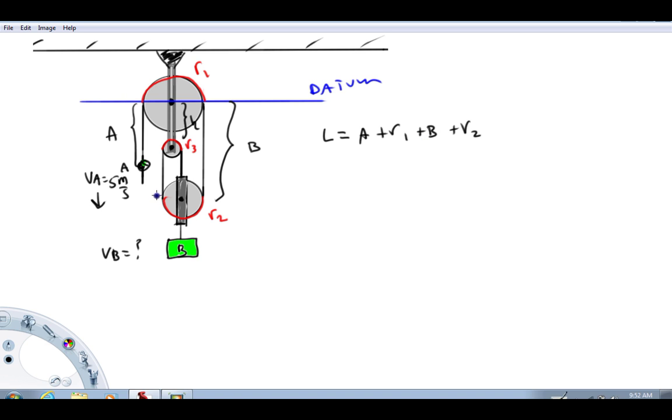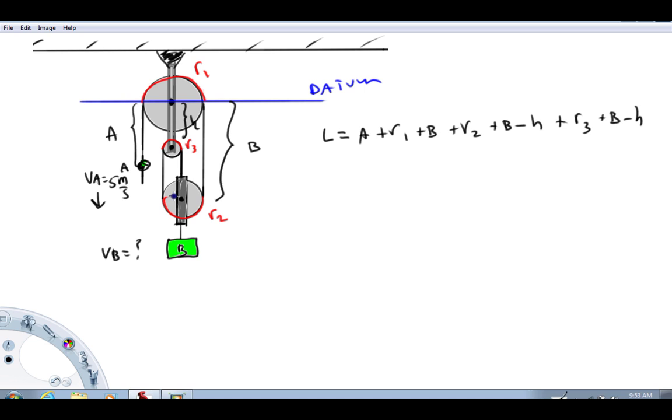From here to here is equal to the distance B minus distance H, so I'm going to put plus B minus H. Then the distance along this pulley, R3. And then again from here to the end, it doesn't matter where this is tied off. Imagine it's tied off at this point right here. That's again distance B minus H. And bang, we've got an expression for the length of that rope.